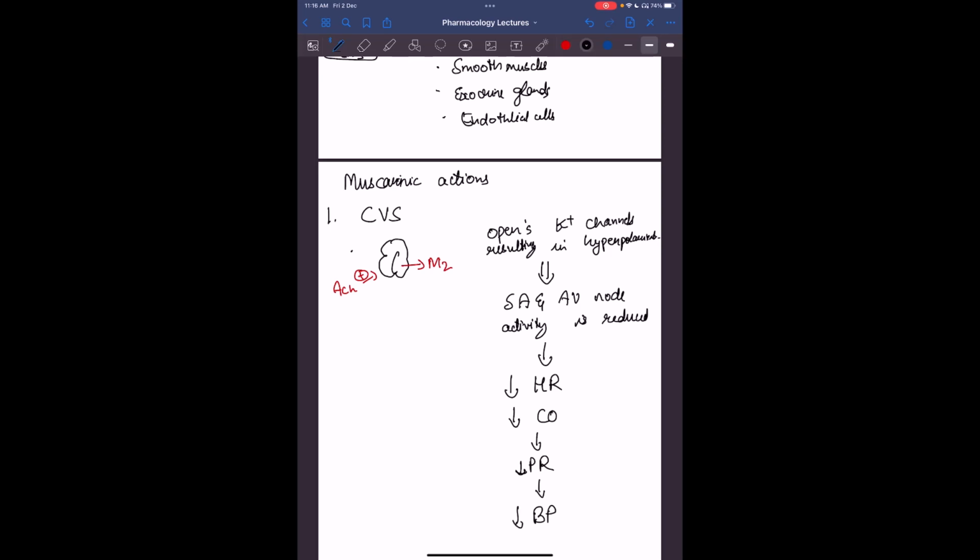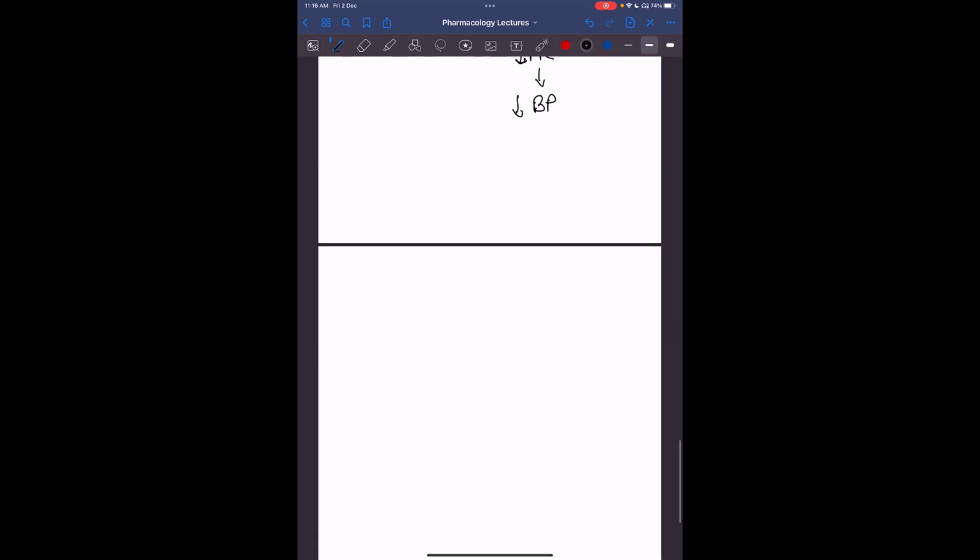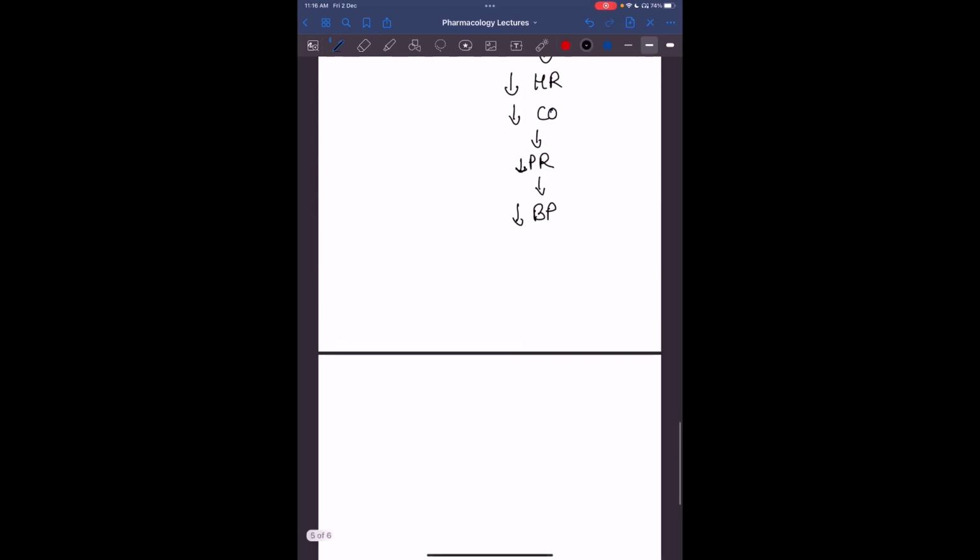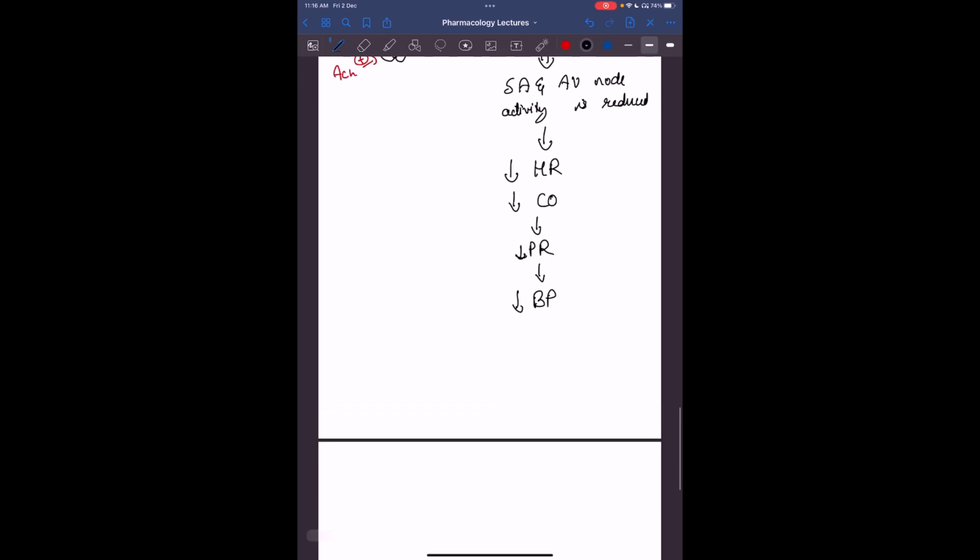So whenever acetylcholine acts on M2 receptors of the heart, this is the mechanism. And we can tell our vagus nerve, vagal stimulation, leads to acetylcholine release.